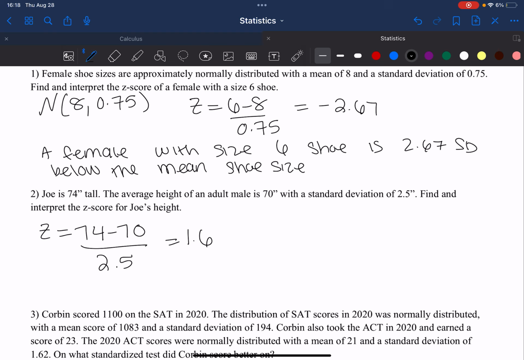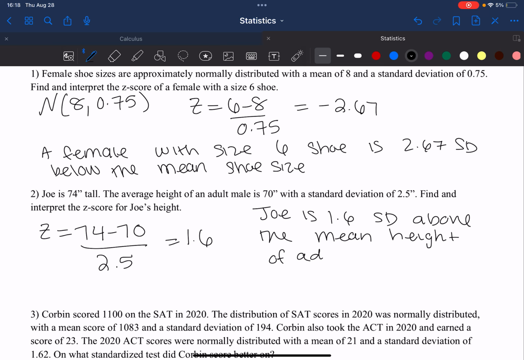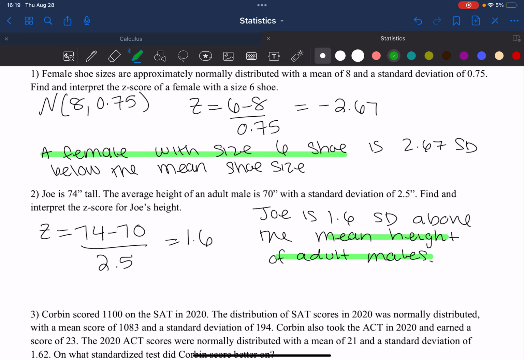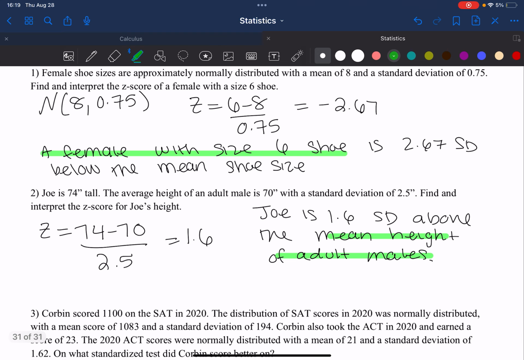So the interpretation would be that Joe is 1.6 standard deviations above the mean height of adult males. Notice in each of my problems, I mentioned the population. In problem 1, the population was a female with size 6 shoe. In problem 2, the population was the mean height of adult males. Okay, very important to include that context when we are doing our interpretation.